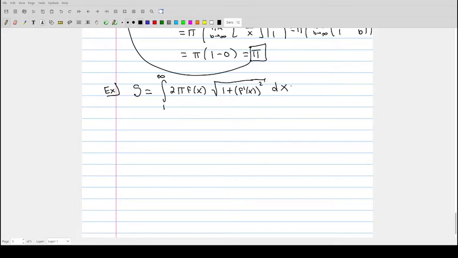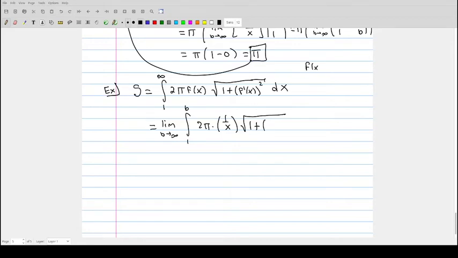You'll remember that this is the formula we derived for the surface area of any surface of revolution, and it holds more generally if you have the general formula for the circumference of any cross section of the surface. So this is going to be the limit as b goes to infinity of the integral from 1 to b of 2 pi times 1 over x times the square root of 1 plus the derivative of the function f of x.